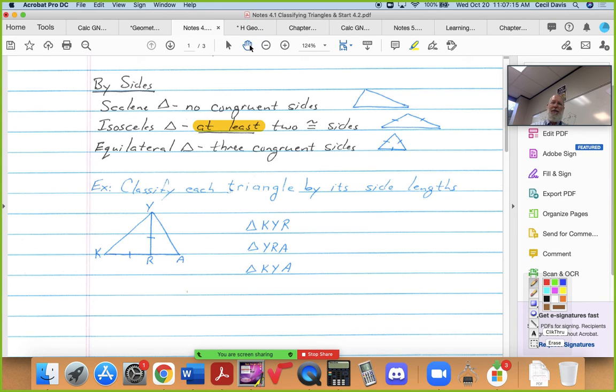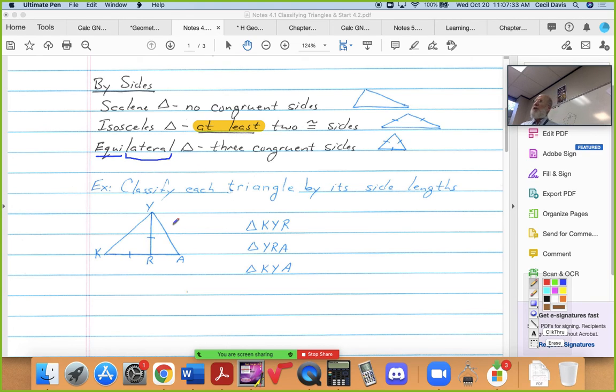Now, going back to what this is saying, notice equi, equal. Lateral. There are several words that you know that are like lateral.